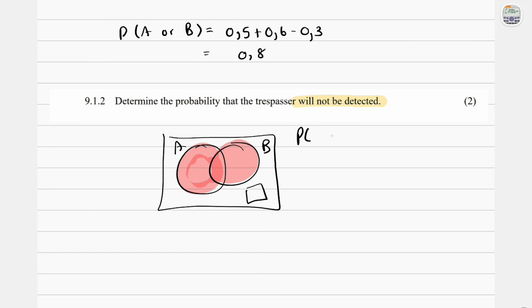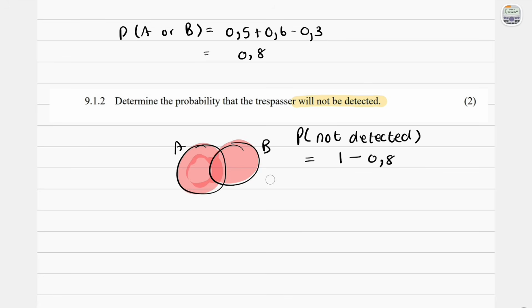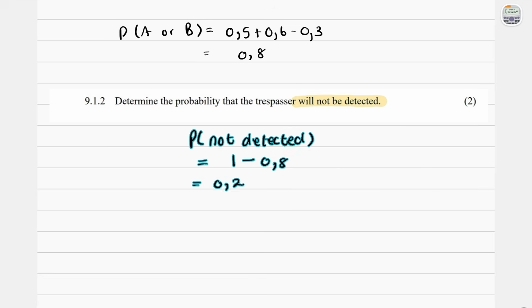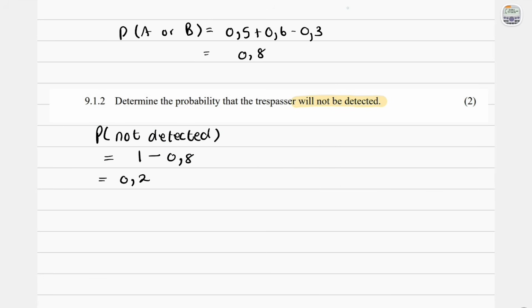We'll find the probability that this trespasser will not be detected by saying 1 minus the probability of at least one being detected, because you see how this includes everything here. And so we're just trying to find out what is outside. So that's 0.8. And so that gives us 0.2. And that is our answer. Moving on to the next question.